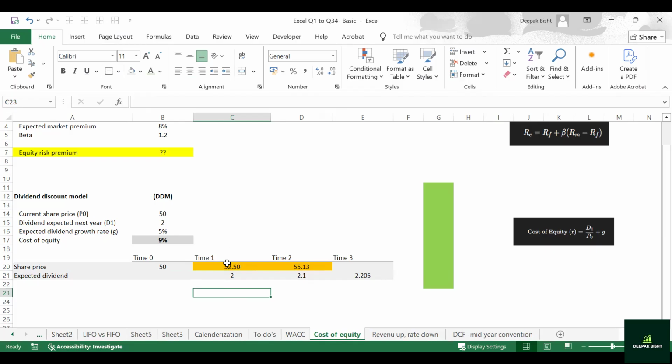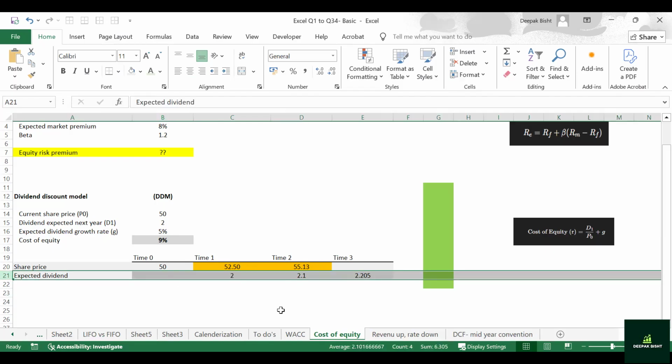So every bank or financial institution has obligations of maintaining a capital. So I'm assuming that this is an expected dividend, and on the basis of this, we have calculated the value of the share price of 50.25, 52.50.